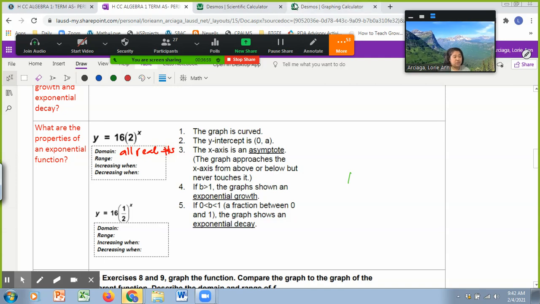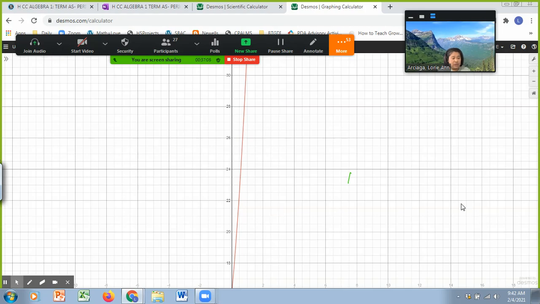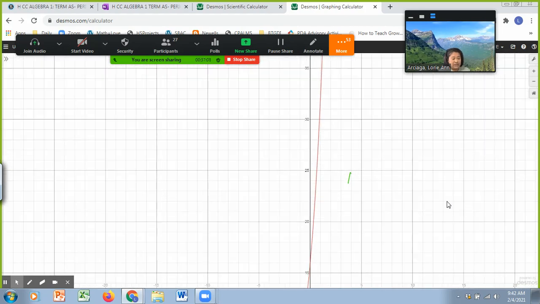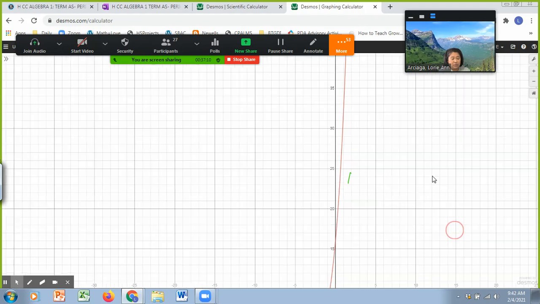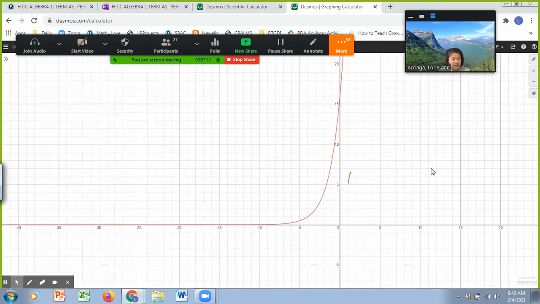Now what's the range? The range is, you're going to find the lowest y value. What's the lowest y value here? So it stayed above the x-axis, right? So it doesn't have any negative y value.